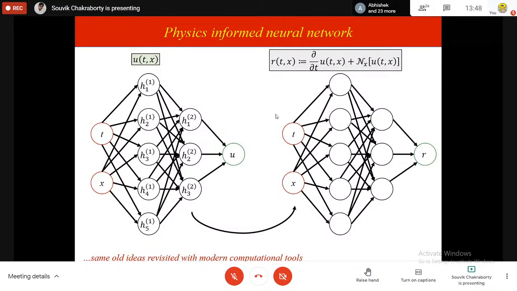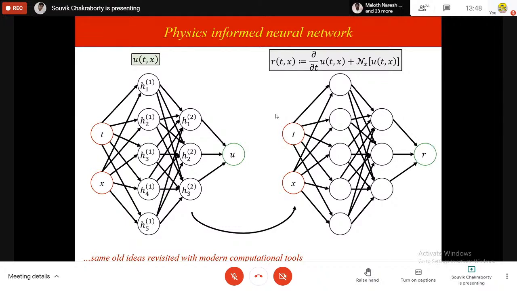So not today, not 5 years before, not 10 years before, 1992. That is when this method was proposed, like 27, 28 years ago. But no one paid attention to this method at that point of time, and rightly so. It was not possible to use this neural network with first principle at that point of time. Now times have changed. Now you can use this. At that point, this was irrelevant.